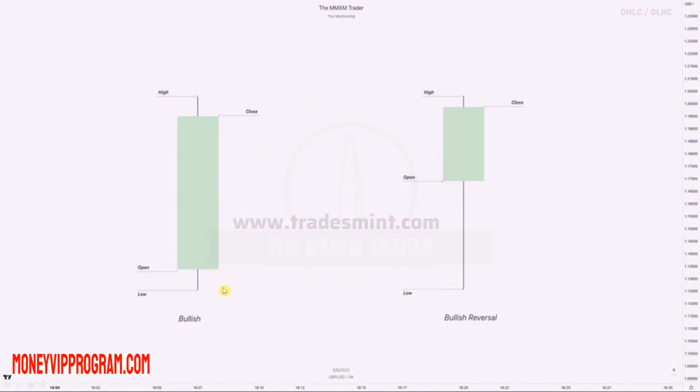Now, most of the time when we have these types of candles, London session or London kill zone creates the low of the day, and then we expand higher during London and have a New York retracement into a continuation. And then with a bullish reversal, we have a longer wick on the bottom, right? So we have an open, and this longer wick on the bottom can be comprised of a sell side liquidity run on the higher time frame, thus having a reversal and then continuing expanding up higher and closing at the end of the day.